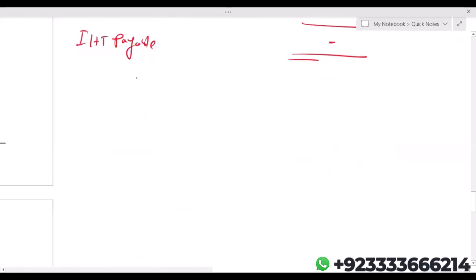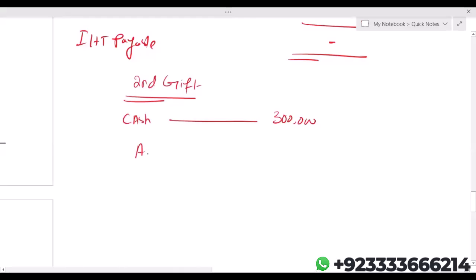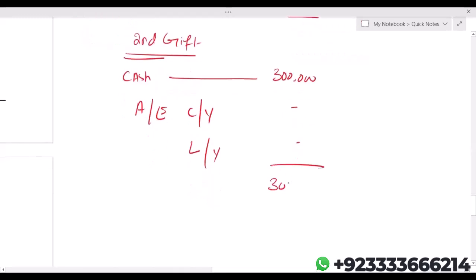Assuming there was a second gift as well to the trust, let's say it was cash 3 lakh. In the same tax year, the second gift was given as cash. Annual exempt amount, current year, not applicable, because it was used by the first gift in the same year. Last year, not applicable, because it is used by the first gift. Now I'll get 3 lakh straight chargeable.